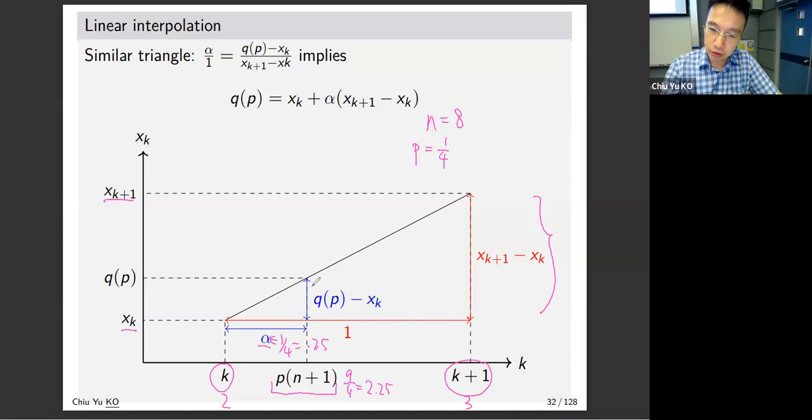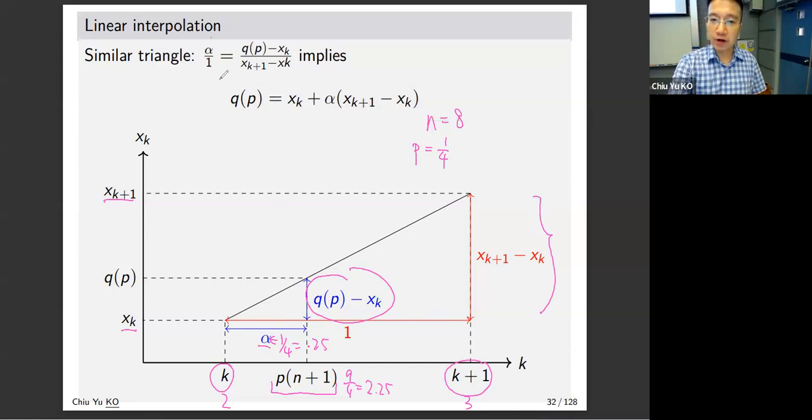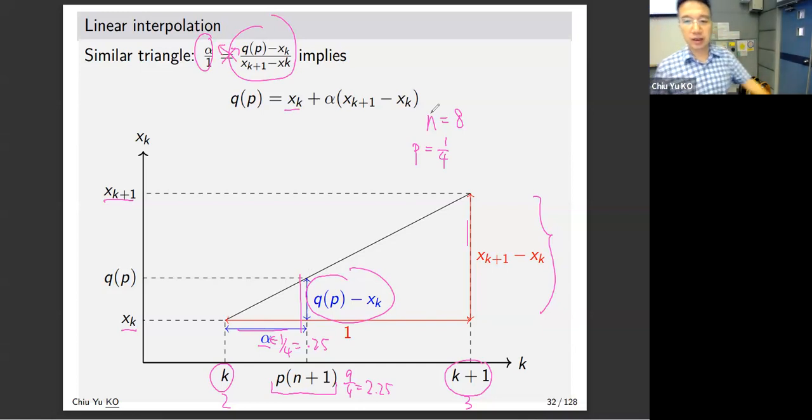By similar triangle, alpha over 1 is the same as this over this. This is what similar triangle is, if you still remember it from geometry. You just use cross multiplication and move the xk. This is exactly the formula we mentioned.